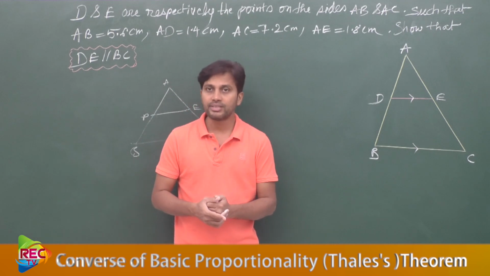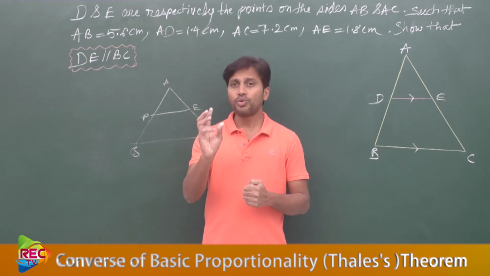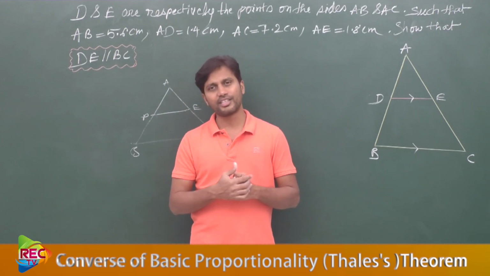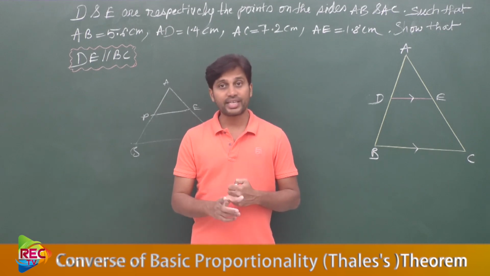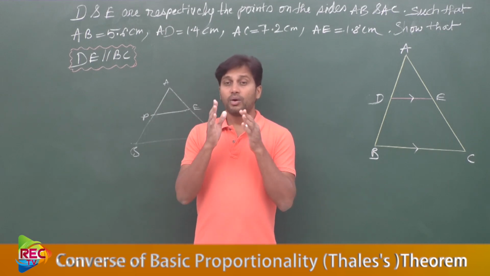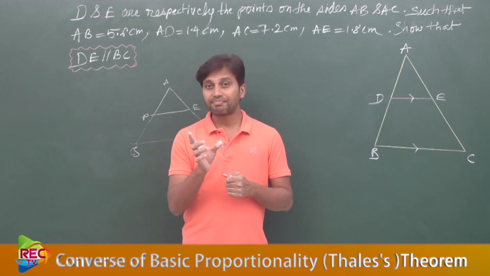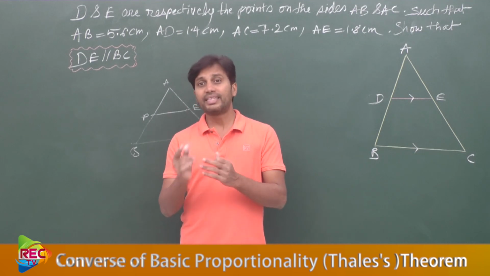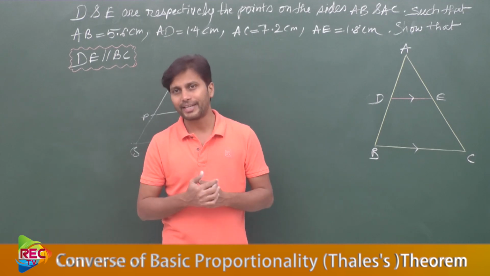Once again I am telling you, this geometry is a bit confusing for those who have no minimum basics of lines, angles and triangles. Please do focus on this. What is the basic proportionality theorem? If a line is drawn parallel to one of the sides, it divides the remaining two sides proportionately.